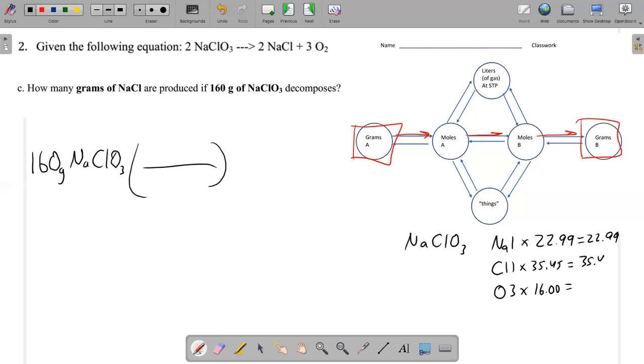So that's 35.45, and the oxygens are going to be 48, so the total is 106.44. So to convert from grams of NaClO3 into moles, it's 106.44 grams per mole.